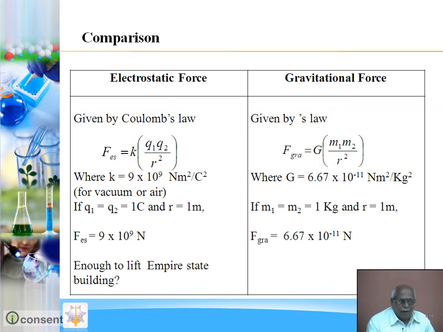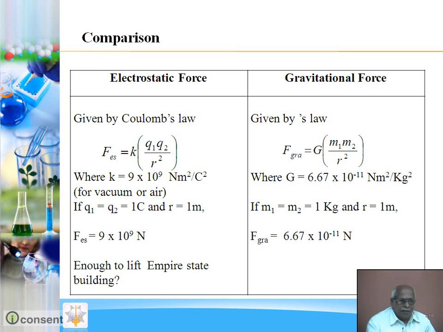The force between two point charges Q1 and Q2 separated by distance r is given by Coulomb's law equation F. Now, because it is electrostatic force, let us call this F_ES. F_ES is K, constant of proportionality, multiplied by Q1 Q2 upon r square.